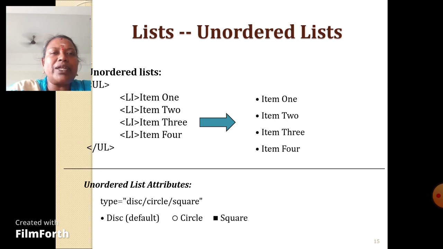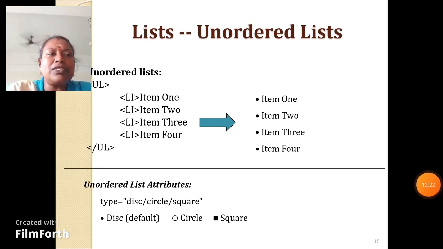So the most important HTML tag is for creating lists. There are three types of list: unordered list, ordered list and definition list. So here we discuss the lists. For example, unordered list is identified by UL. So UL means unordered list.